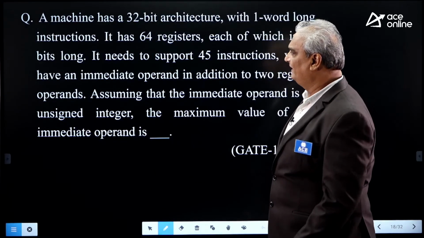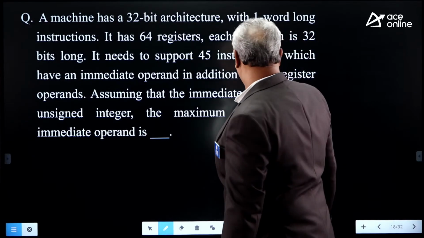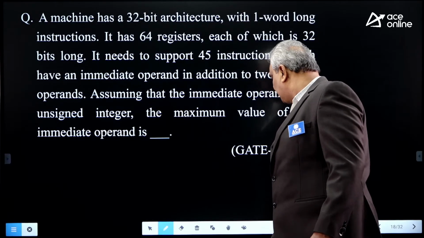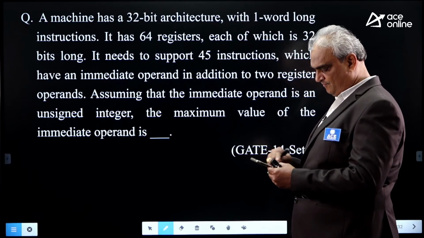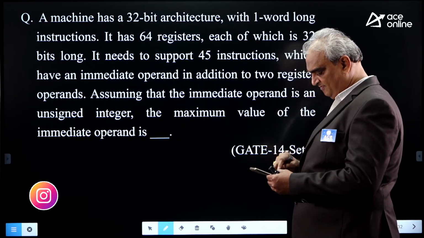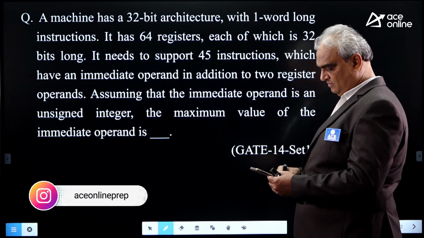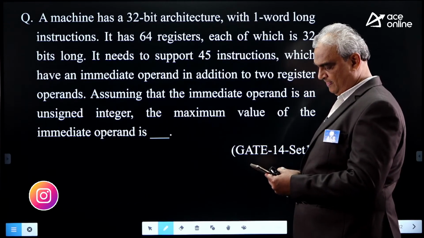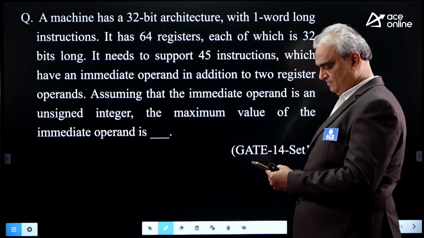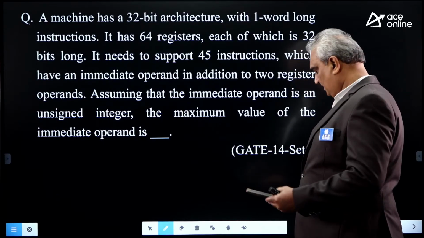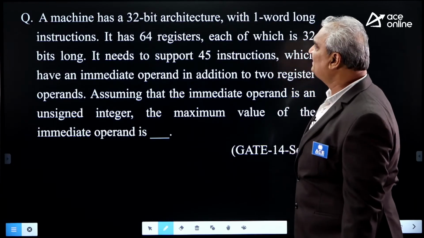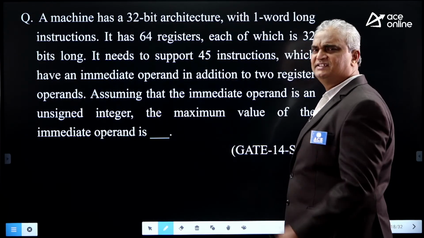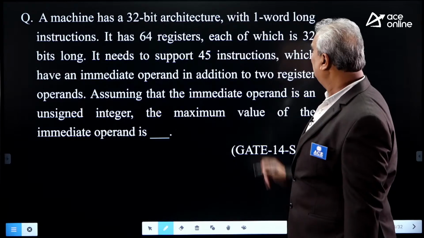Okay. Next. Excellent question it is. Look here. To solve this type of question, read the question once. A machine has 32-bit architecture with 1 word long instruction. Word size is 32-bit.